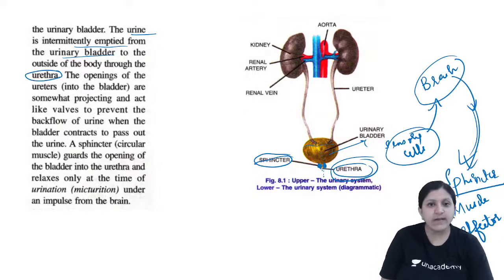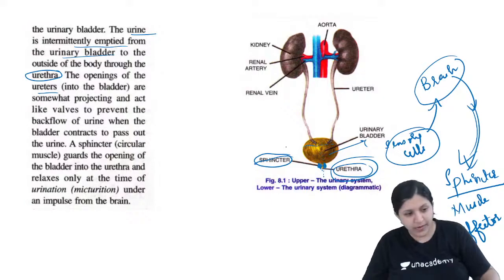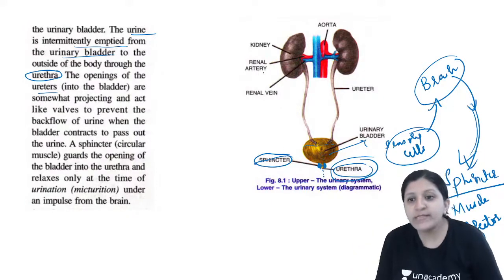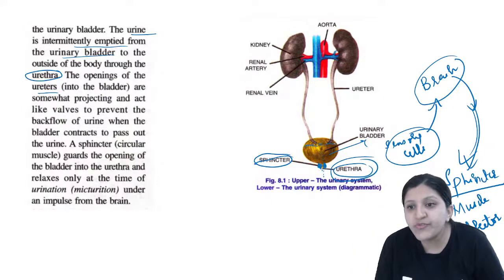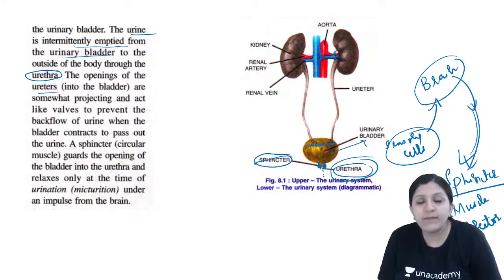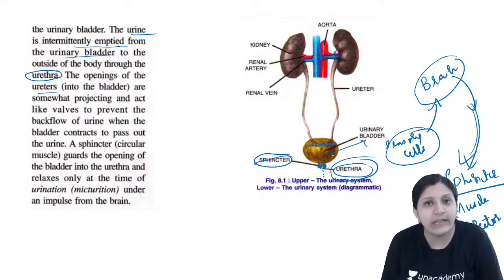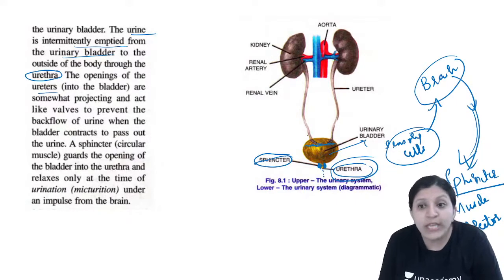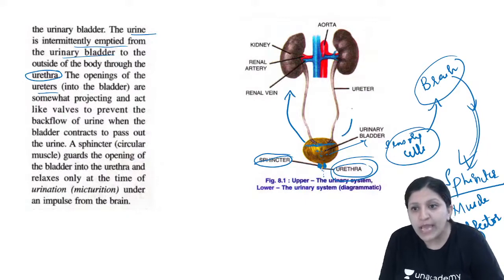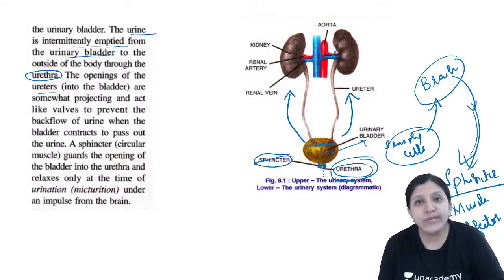You can see here the openings of the ureter. One more thing I need to mention here. Once the urine is completely present in this urinary bladder, we need to prevent the backflow. There is a chance that the urine present here can backflow to the kidney.